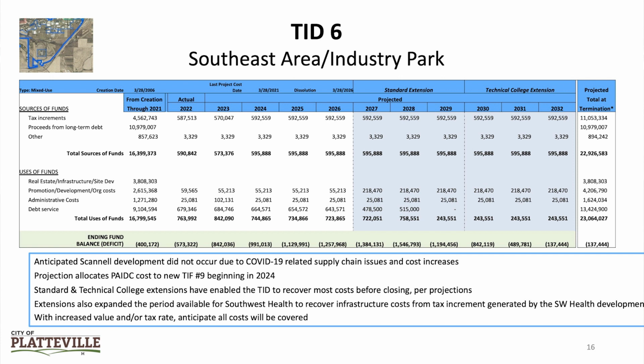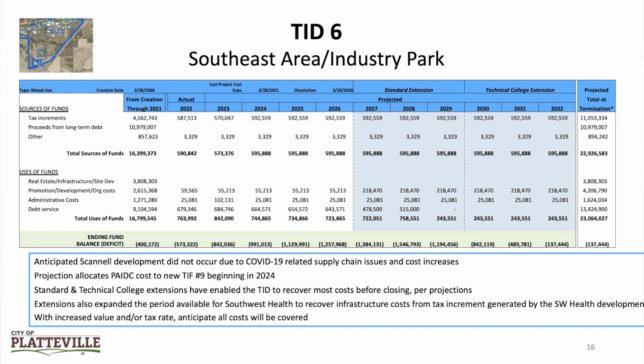And then the uses of funds: again, you've got the incubator and the Grant County Economic Development in the promotion development organizational cost line item. Then you've got administrative costs, which includes legal fees, and then the debt service payments.